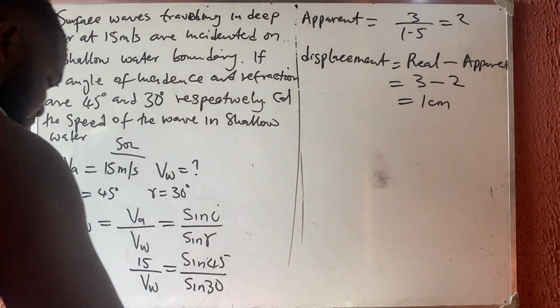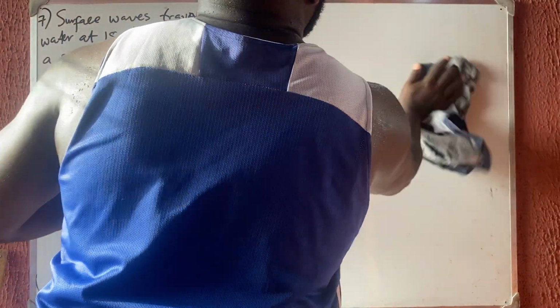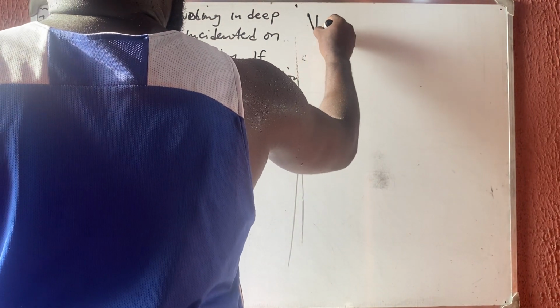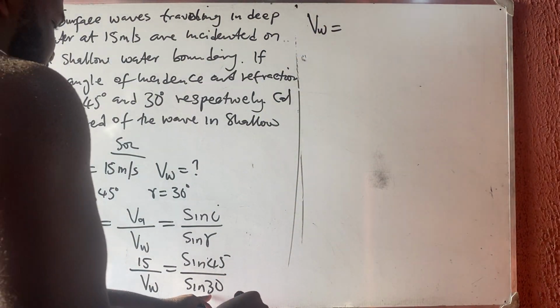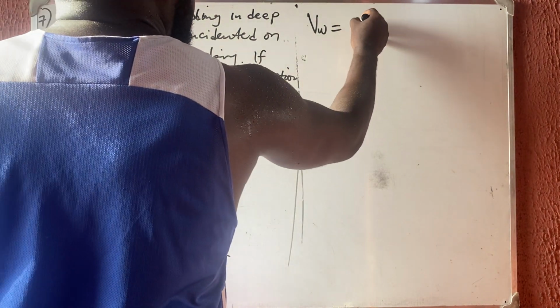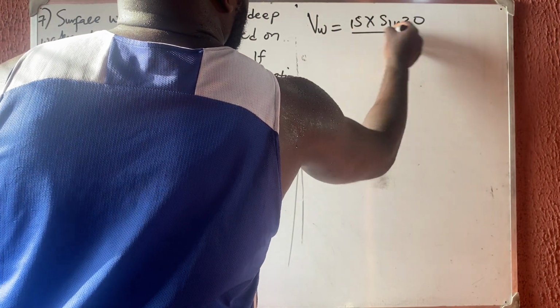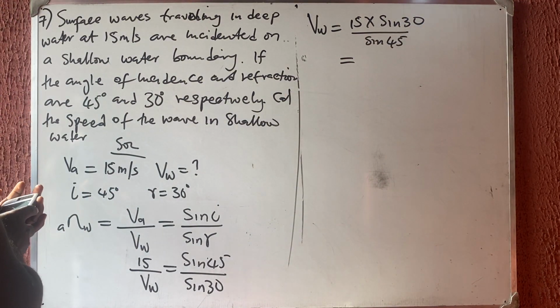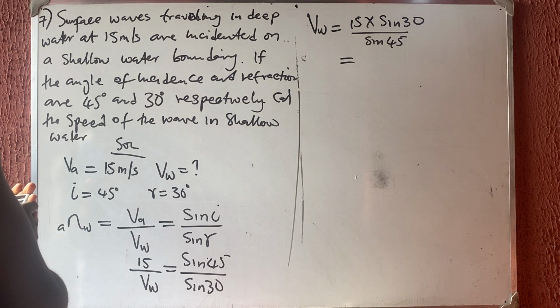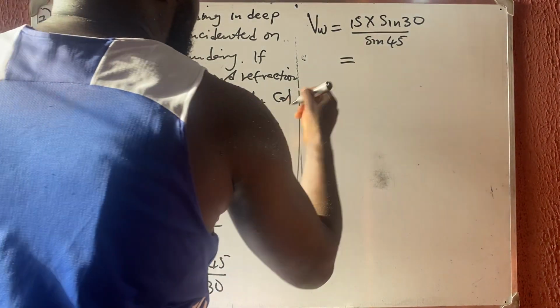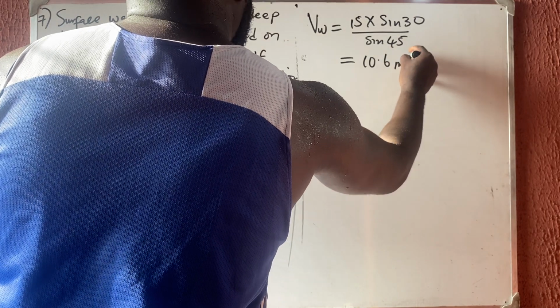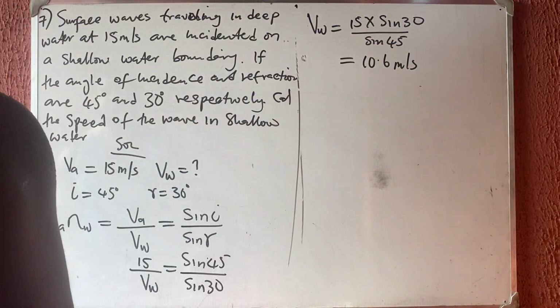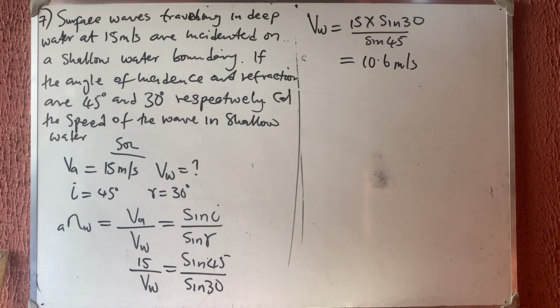Cross multiplying to get my velocity in water, it will now be 15 times sine 30 divided by sine 45. So I'm having 10.6 meter per second. So this is very, very simple to calculate. So we'll go to the next question.